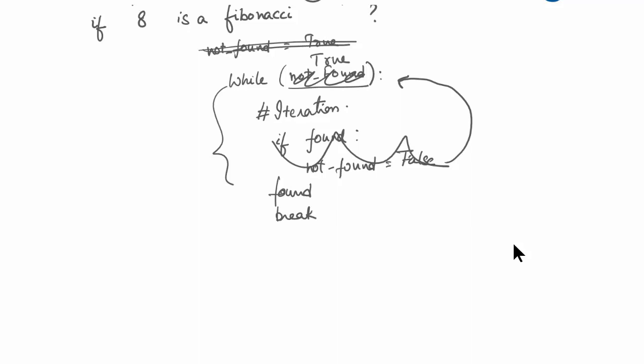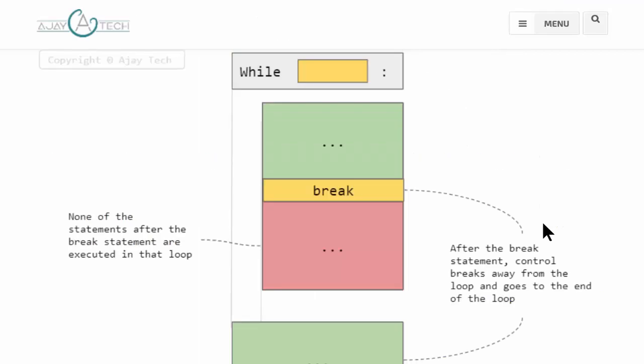This is similar to the C program break, exactly the same way, or the Java programming break statement. Anytime you want to break a loop without using flag variables or without exhausting the sequence that you are supposed to iterate through, you can use the break statement. It's just another way to break the while loop. It's not the only one.